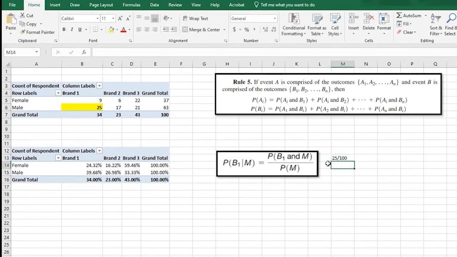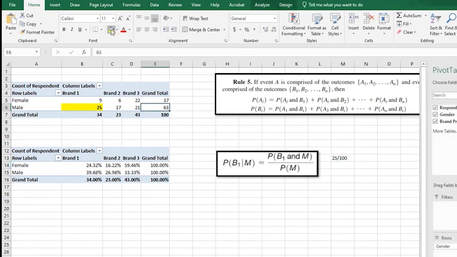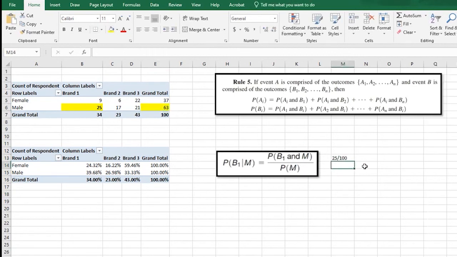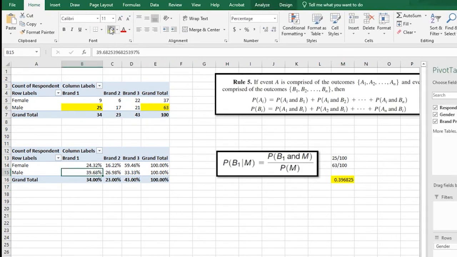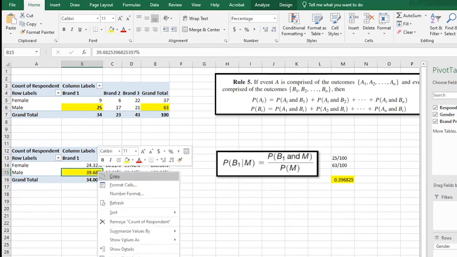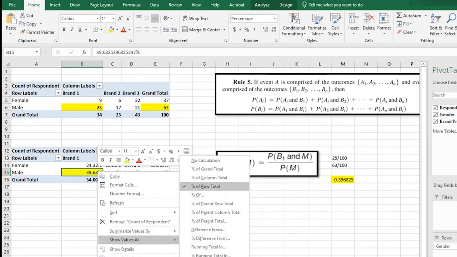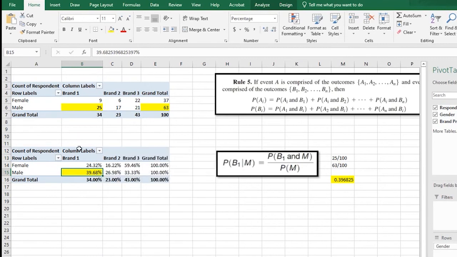And then the denominator, which is that marginal probability, is 63/100. So when we divide that based off of this formula, we end up getting 25 divided by 63, 39.6%, which is the same value that I have here on my pivot table when I change show values as row total, right? So very handy, very quick in trying to get some conditional probabilities as well.